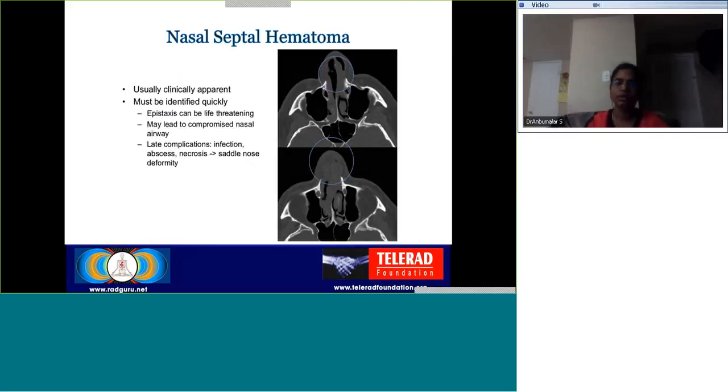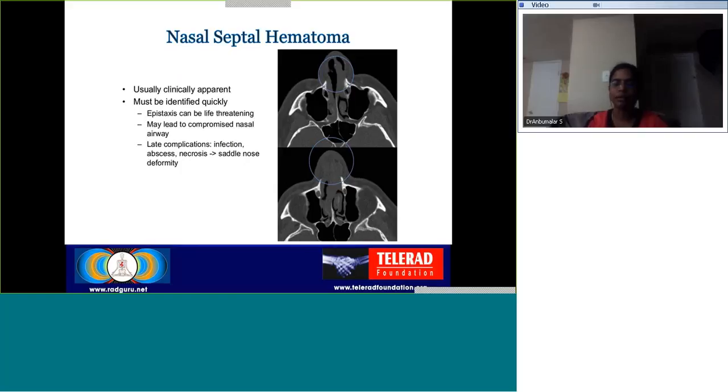The usual association of nasal bone fracture is the nasal septal fracture anteriorly along with nasal hematoma. If the nasal hematoma is promptly identified, we can avoid complications. Epistaxis can arise from this hematoma, and sometimes if the hematoma is large enough, it can compromise the nasal airway.